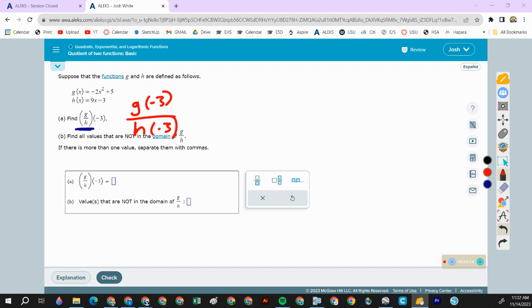So what is g of negative 3? Negative 3 squared is 9. 9 times negative 2 is negative 18 plus 5. So the top half of this is negative 13. Then I plug negative 3 into h. I get negative 27 minus 3 is negative 30. And that just simplifies down to 13 over 30.